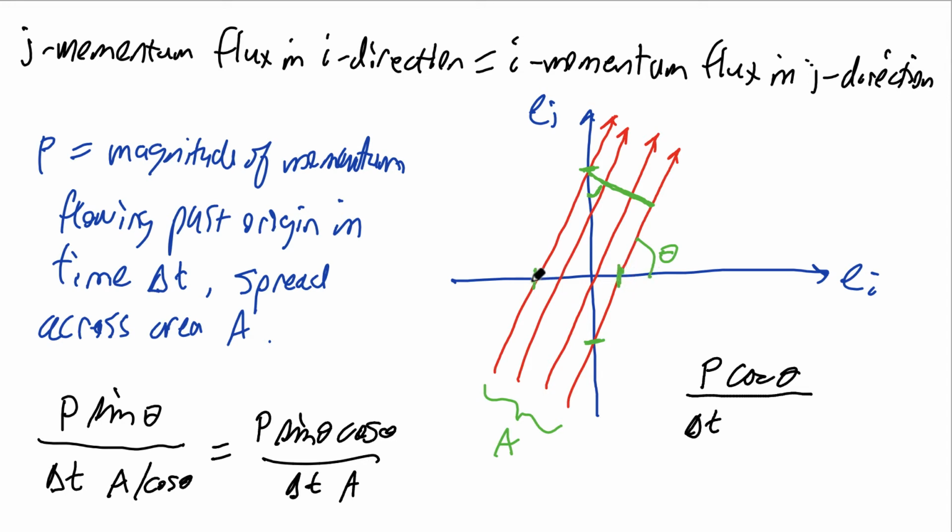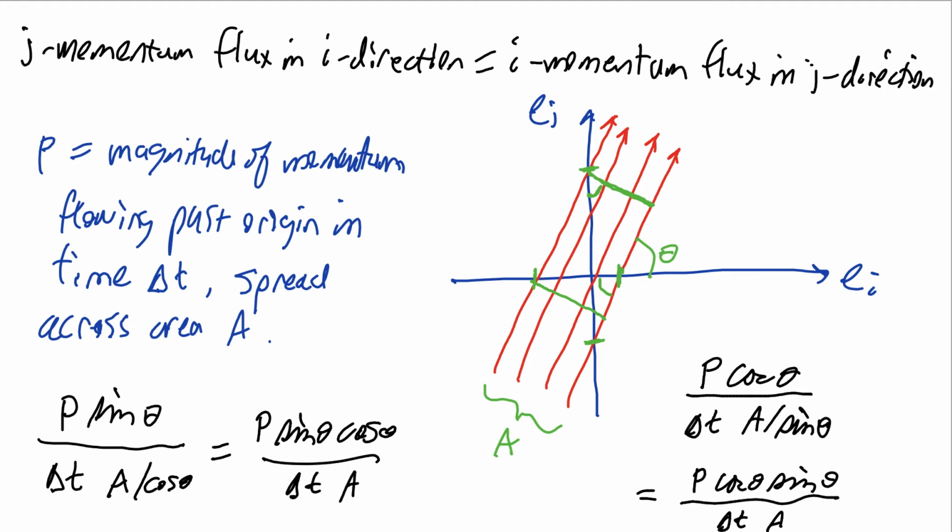And if we complete a triangle whose hypotenuse is the area we're looking for, then this is the angle theta, and the cross-sectional area is the side opposite that angle. So the area is A divided by sine theta. So the I momentum flux in the j direction is equal to P times cosine theta times sine theta divided by delta t times the cross-sectional area A. And of course it's the same as the j momentum flux in the I direction.